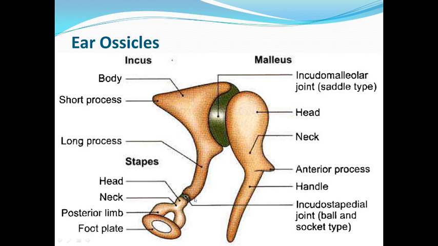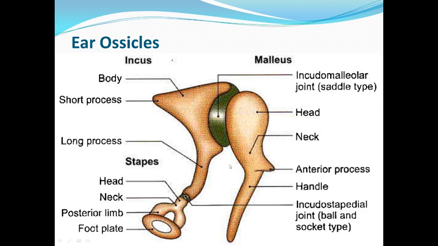Now we'll also discuss the two joints of the ossicles, as you can see in this figure, the incudomalleolar joint and the incudostapedial joint. Both these joints are synovial joints, and they are different types of synovial joint. The incudomalleolar joint is a saddle type of synovial joint, and the incudostapedial joint is a ball and socket type of synovial joint.